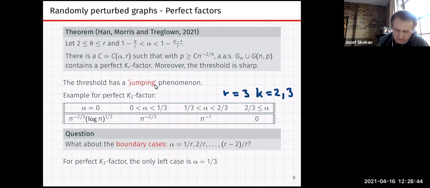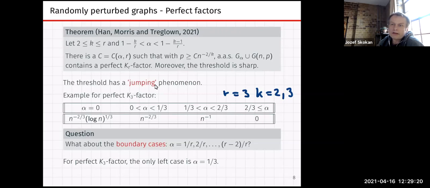If your alpha is between 0 and 1/3, then by Yoshi Balog and co-authors, the threshold is n to the minus 2/3. And when alpha is between 1/3 and 2/3, and that's the case when K is equal to 2, then the result of Han, Morris, and Treglown tells you that actually the threshold is not n to the 2/3, but the threshold is n to the negative 1.